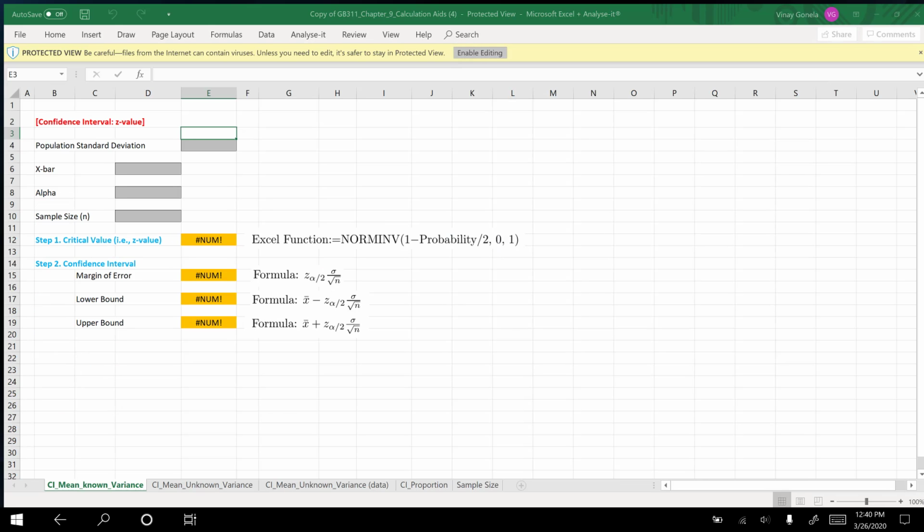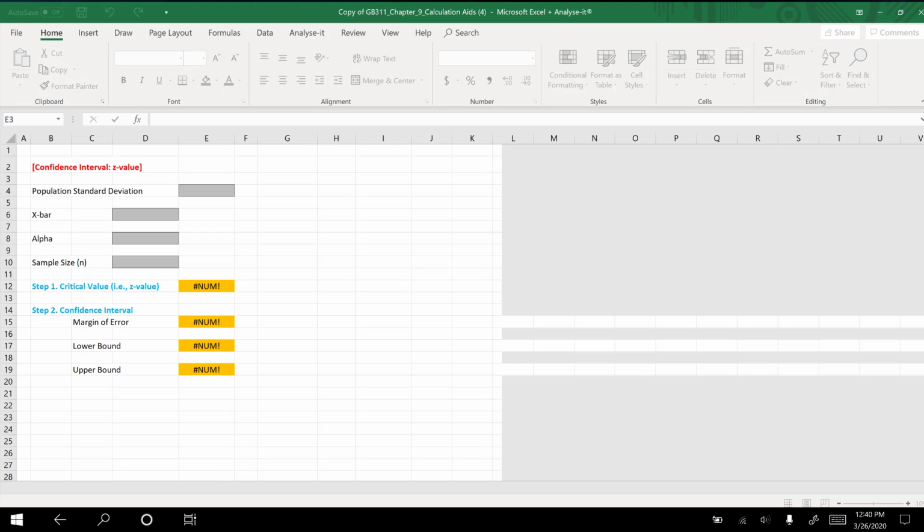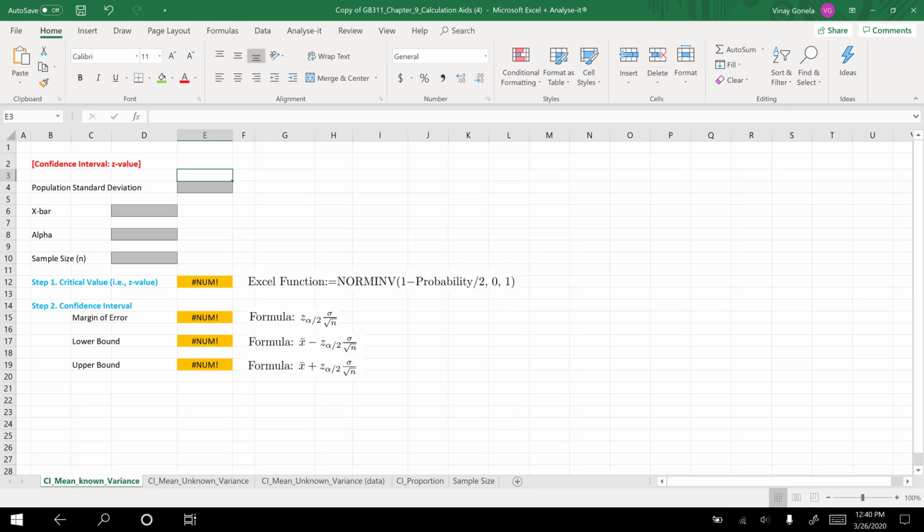I will enable editing. Now I am in the confidence interval mean known variance spreadsheet. I have to go to confidence interval proportion.